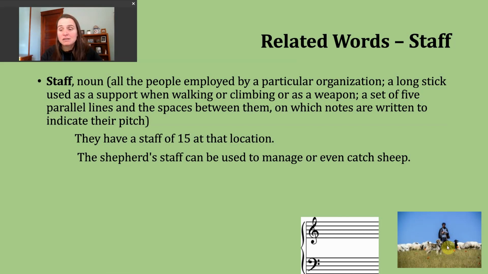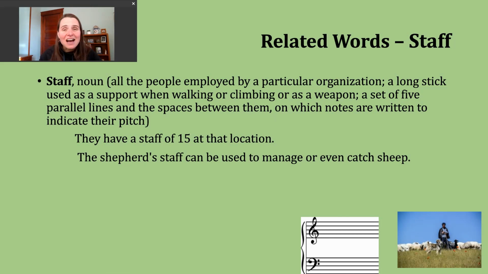The picture is someone we would call a shepherd. You might think of this like a sheep farmer. And I hope you can see, I'm trying to put my cursor and highlight in yellow, a particular stick. And so you might hear staff used in connection with shepherd. An example of this word in a sentence is, the shepherd's staff can be used to manage or even catch sheep.